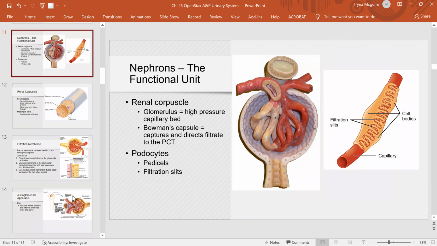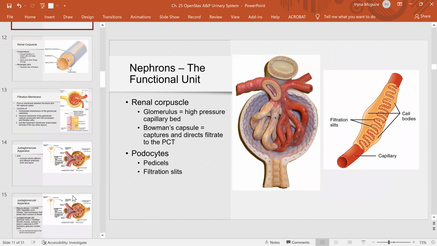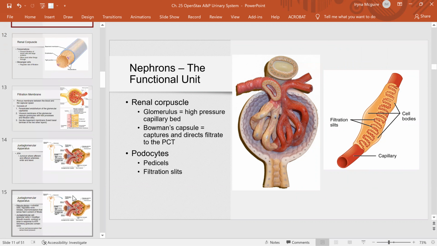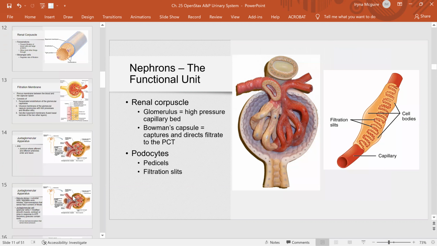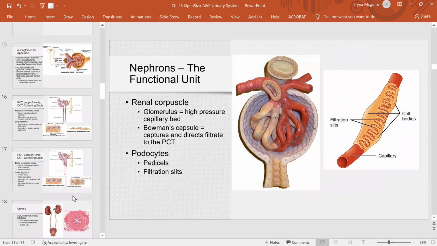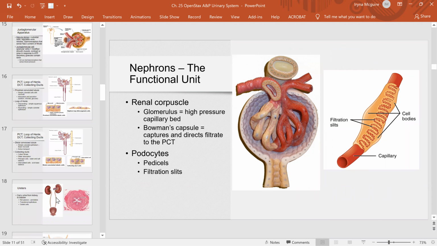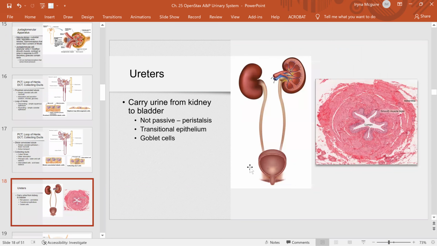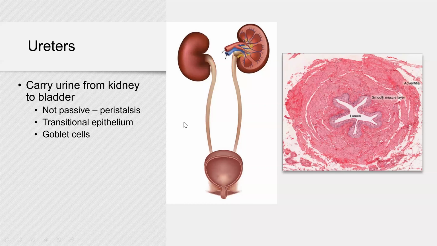So those are nephrons that filter your blood and form urine that you remove out of the body, right? So that was all within our first lecture. But now let's go ahead and look at ureters, urinary bladder, and so on, right?